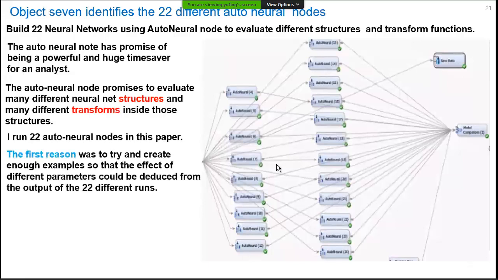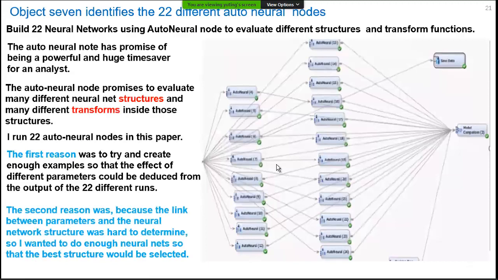The first reason was to try to create enough examples so that effects of different parameters could be deduced from the output of the 22 different runs. The second reason was that the link between parameters and the neural network structure was hard to determine, so I wanted to run enough neural nets so that the best structure would be selected.